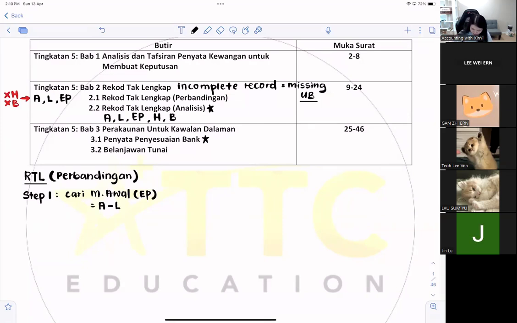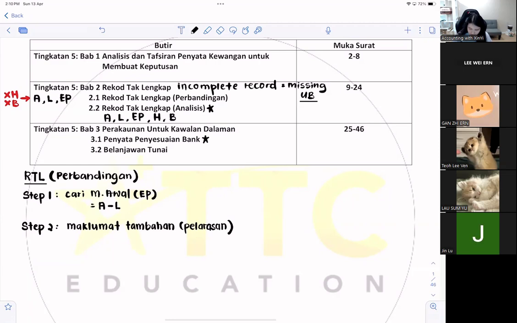Now, step 2. Step 2, maklumat tambahan. You will go to your maklumat tambahan and start solving their problems. But for maklumat tambahan, right, what we are aiming to do is all of the pelarasan.